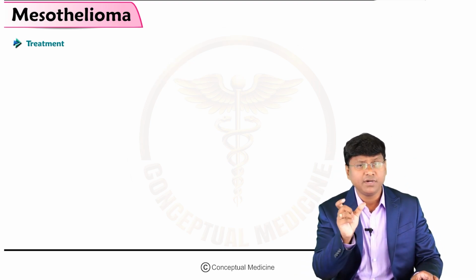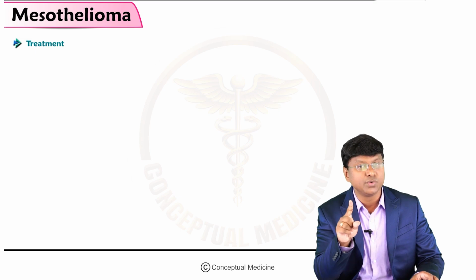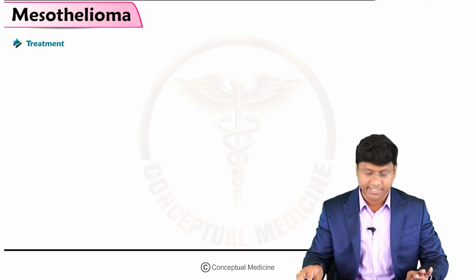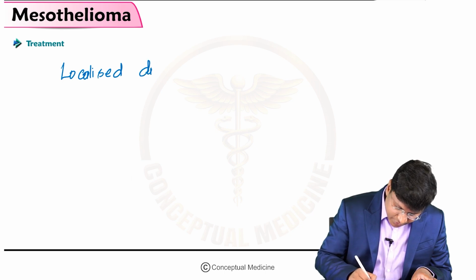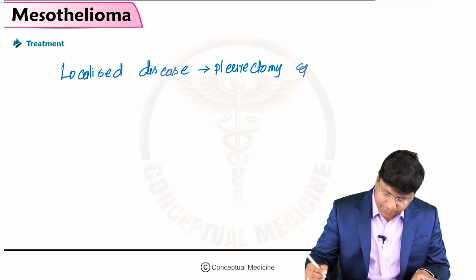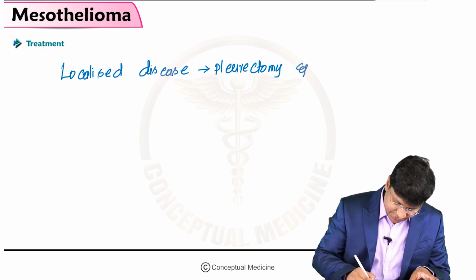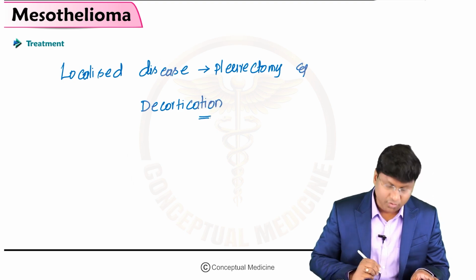So, for localized disease, what are the surgical options? They include pleurectomy and decortication. For localized disease, that is when the disease is just confined only to the pleura, you need to do pleurectomy and decortication.